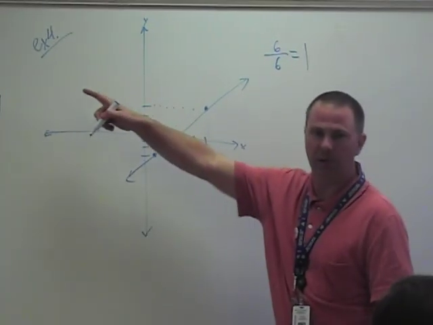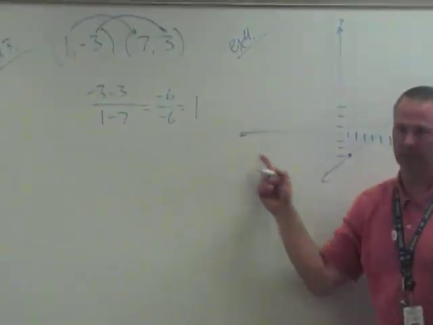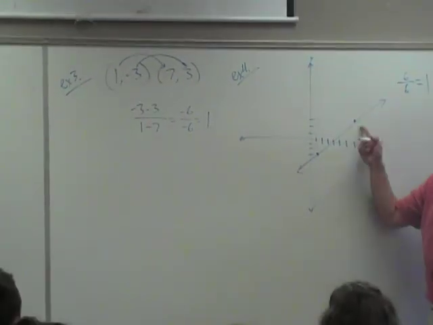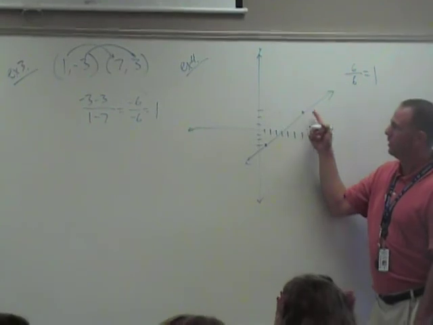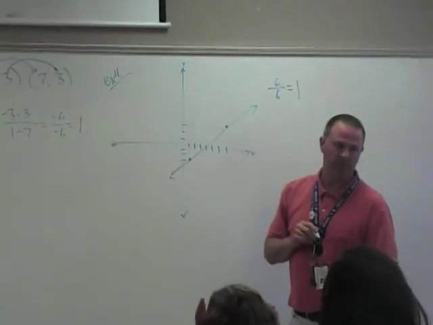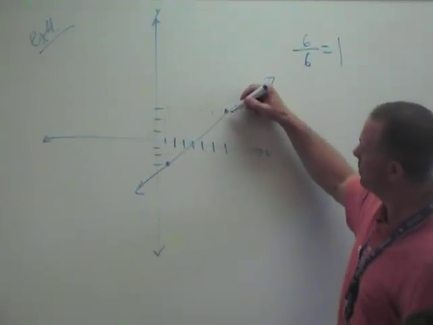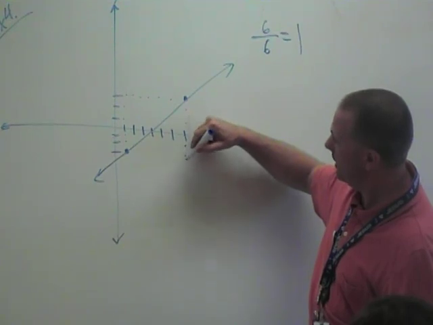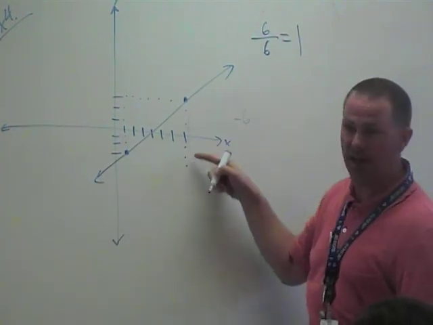That's this problem right here. Okay. So I graphed those 2 points and did rise over run, and my slopes should match. You go left to right, or down and left if you want. 1, 2, 3, 4, 5, 6. That's negative 6 because you went down.